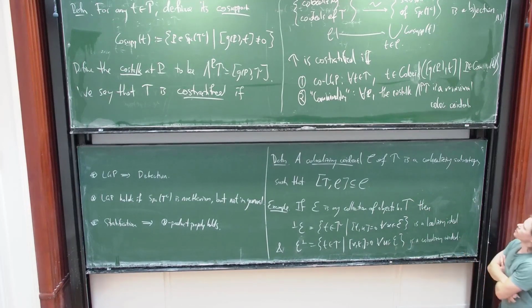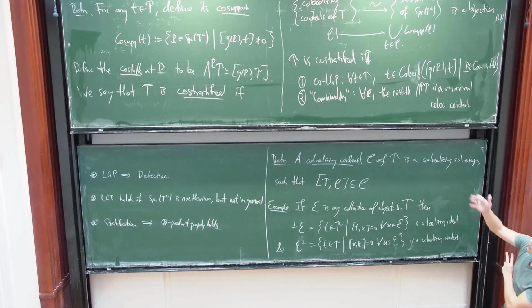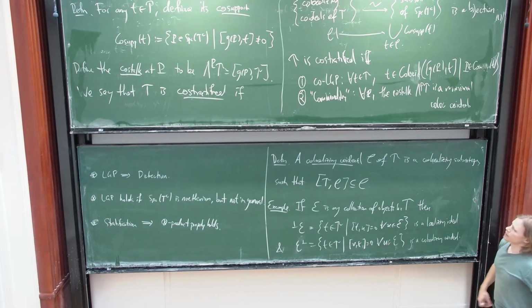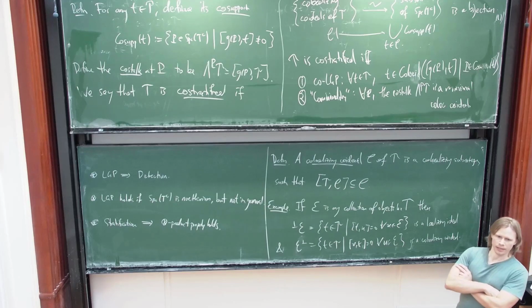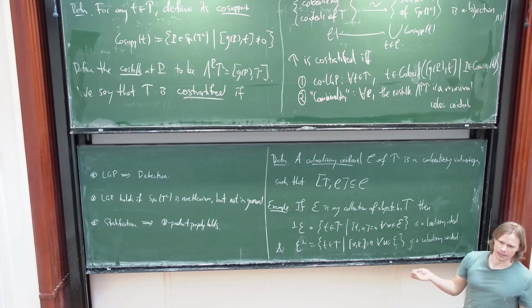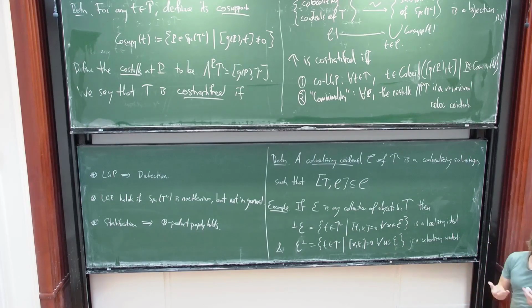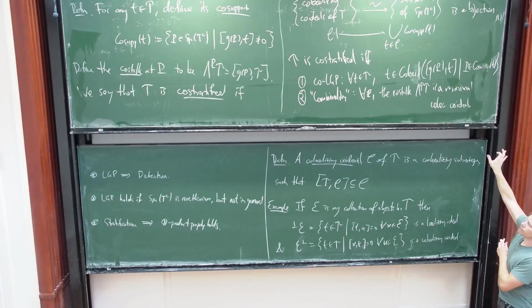And so another point to make is that the co-local to global principle implies the co-detection property. The co-detection property says that if an object is non-zero, its co-support is non-empty. So the co-support detects non-triviality of objects, and that follows from what I've written on the board.